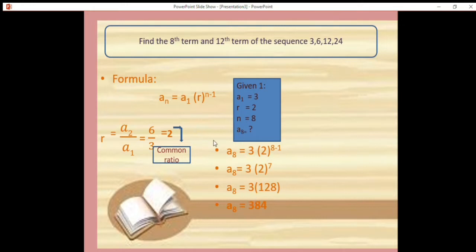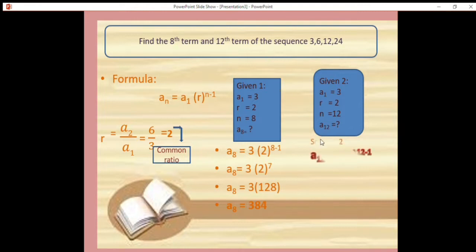Now, we're going to find the 12th term. So, this is the given numbers. a sub 12 is equal to 3 times 2 to the power of 12 minus 1. So, a sub 12 is equal to 3 times 2 to the power of 11. a sub 12 is equal to 3 times 2048, because 2 to the power of 11 is equal to 2048.